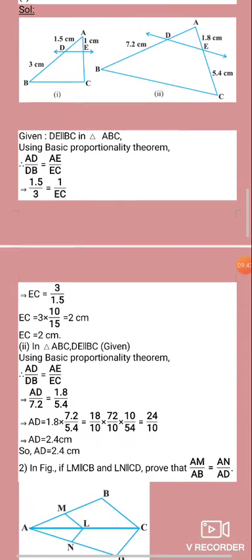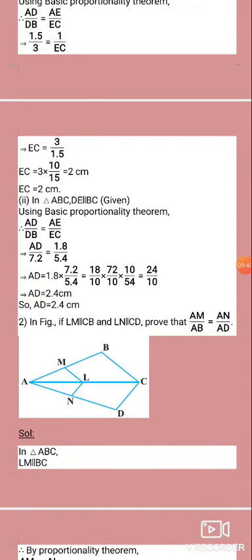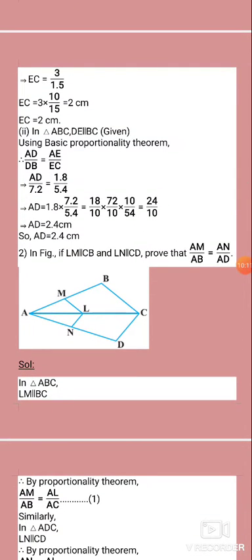Now the next question. In this figure, if LM is parallel to CB and LN is parallel to CD, prove that AM by AB is equal to AN by AD. Now listen to the figure. First consider triangle ABC. LM is parallel to BC.